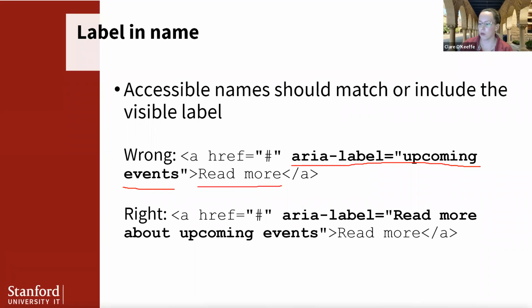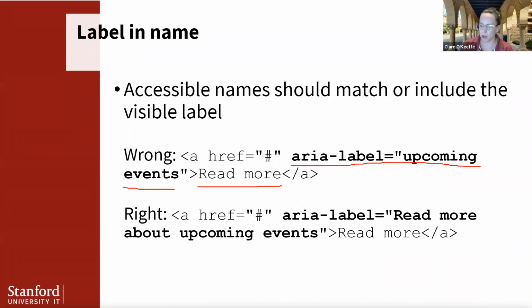And this goes to particularly how speech recognition assistive technology users operate. They would be controlling the computer and browsing using voice commands, and they are not going to see the underlying aria-label code. They're just going to see a link titled read more, and they may voice a command like click read more.